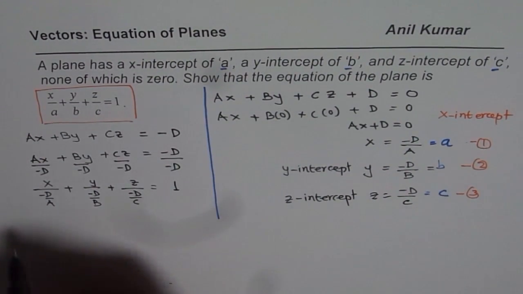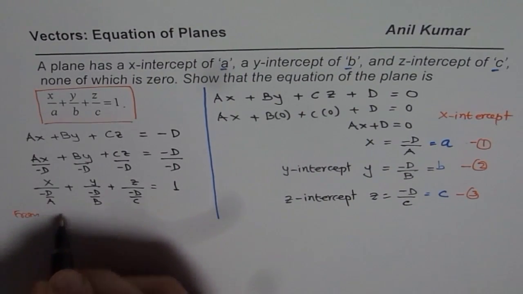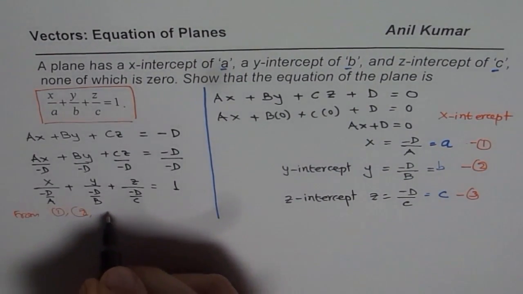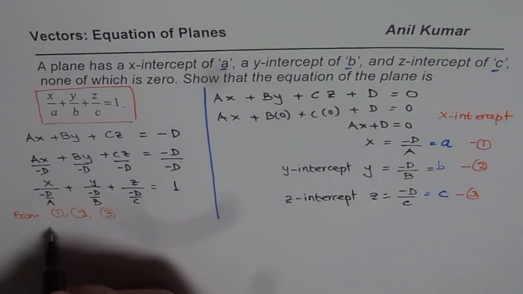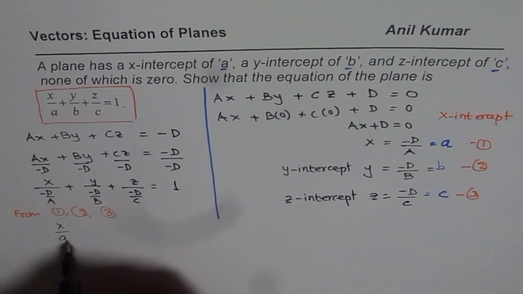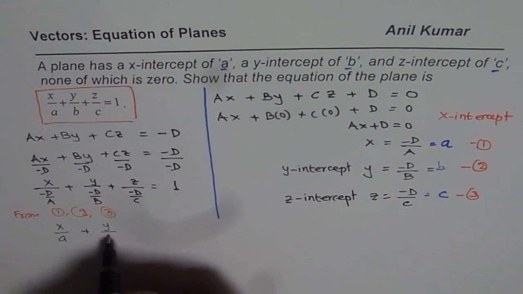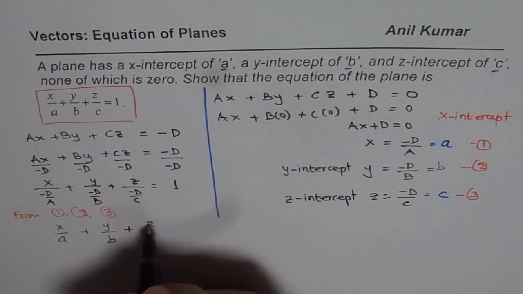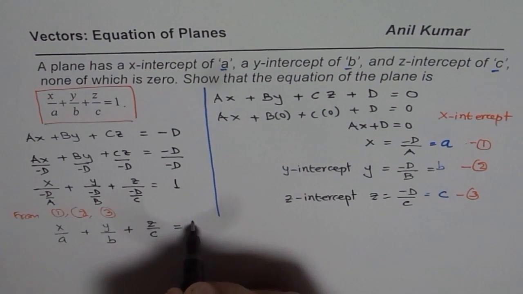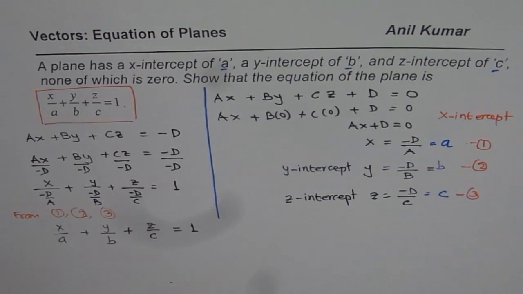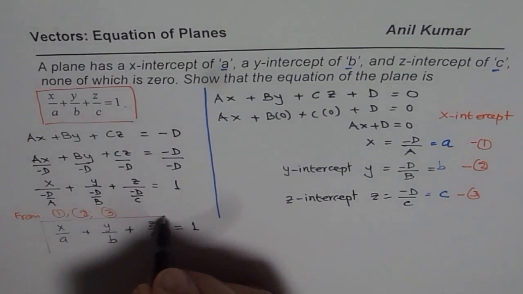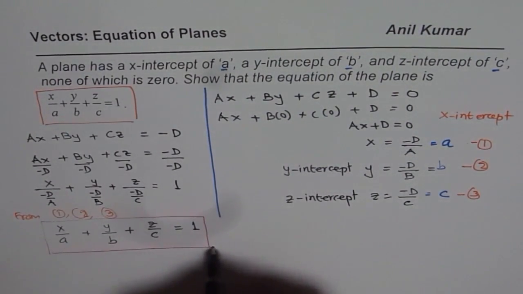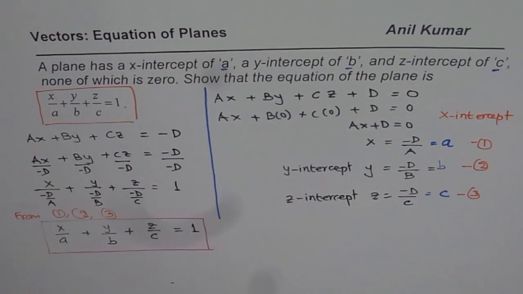And so from equations 1, 2, and 3, we can write our equation as x over a plus y over b plus z over c equals 1. So that is how we can actually derive this given equation. It's a very important equation. You can normally use this equation of the plane in your calculations.